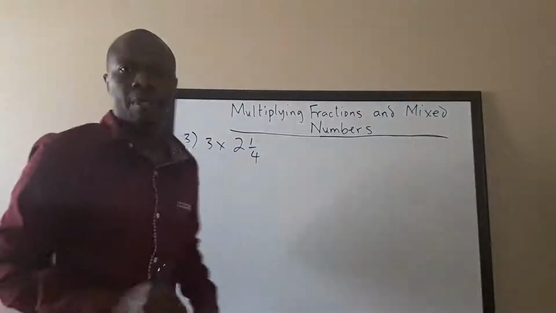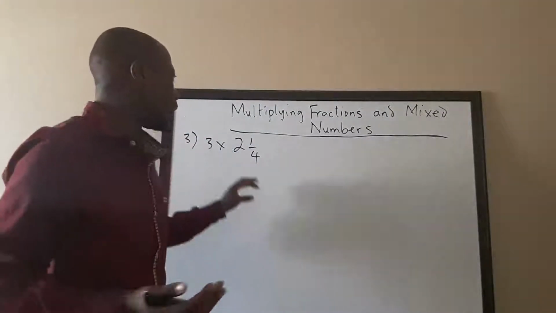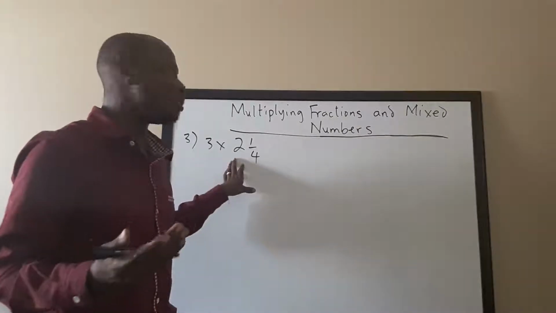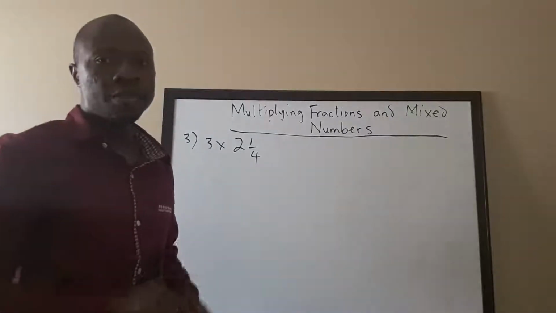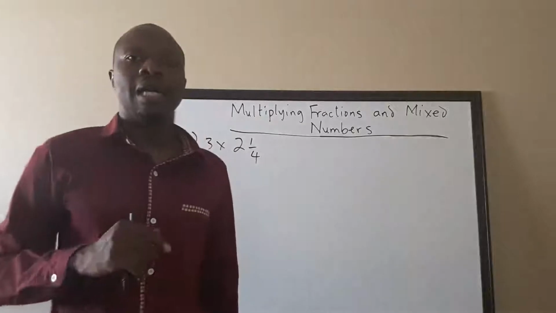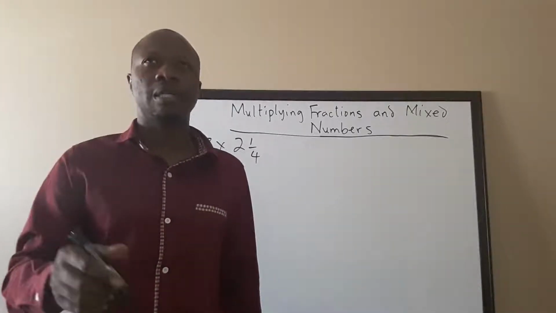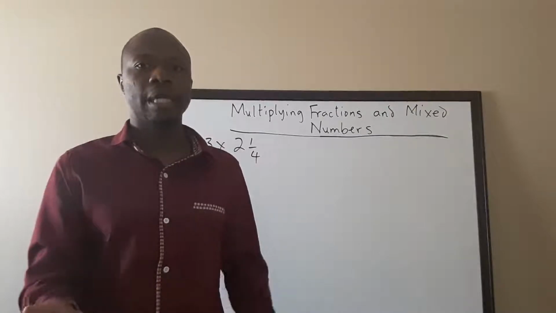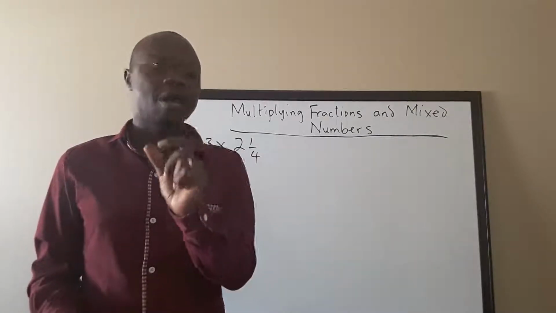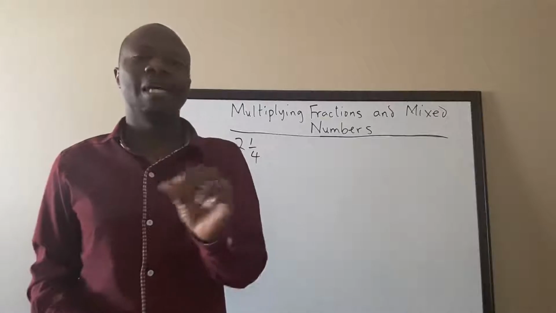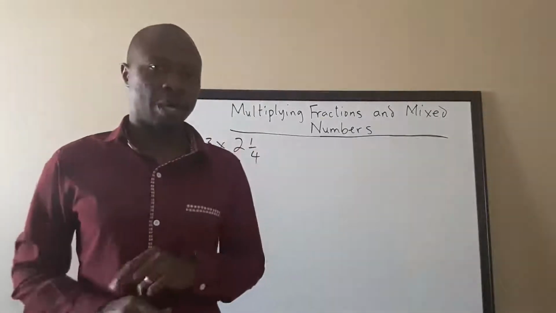So 3 whole number times a mixed number. The mixed number here is 2 whole number, 1 over 4. So the first thing we need to do here is we have to convert the mixed number into an improper fraction. And then whenever you have a whole number, it's the same thing as that whole number divided by 1.